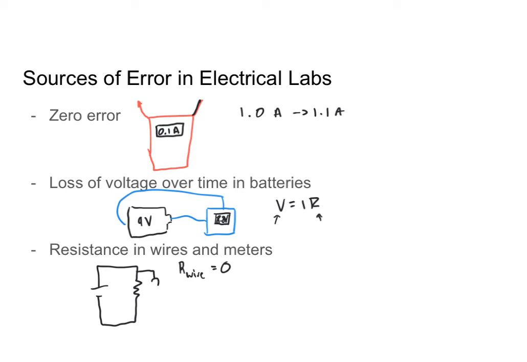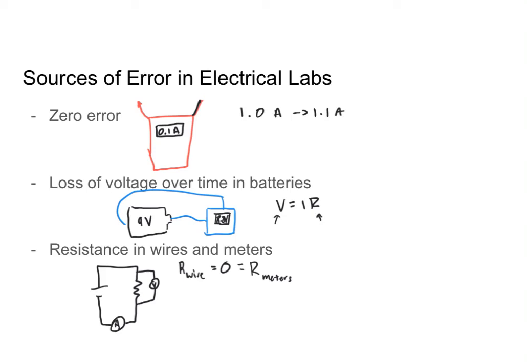Similarly, we would assume that if we put a voltmeter or an ammeter in our circuit, those would also both have resistances of 0. However, we know for a fact that that's not the case. There are no magic wires or magic meters that are fully free of resistance. So as a result, having measuring components and wires in your circuit is going to increase your error.